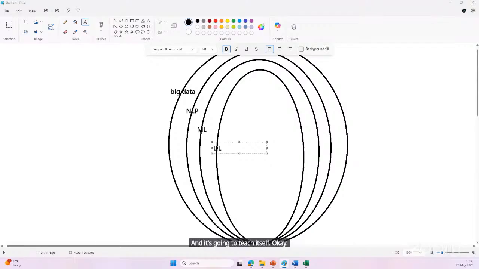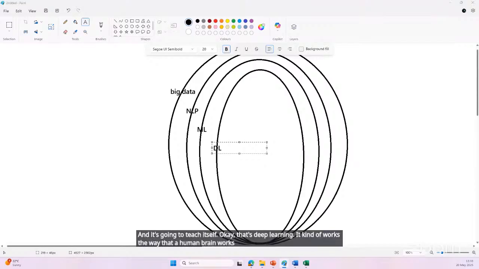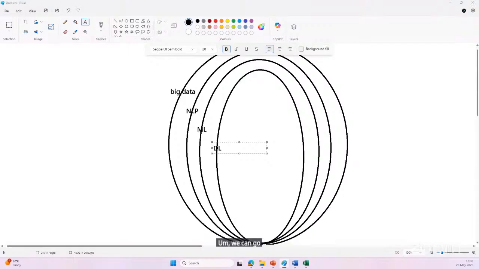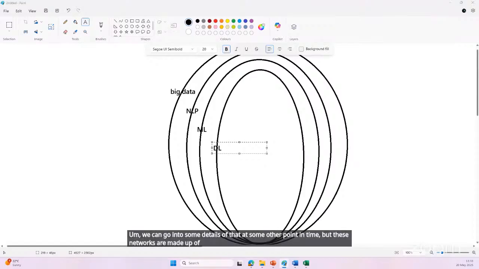That's deep learning. It works the way that a human brain works, and that's why we sometimes refer to it as a neural network. We can go into some details of that at some other point in time, but these networks are made up of layers of neurons, just like brain cells.